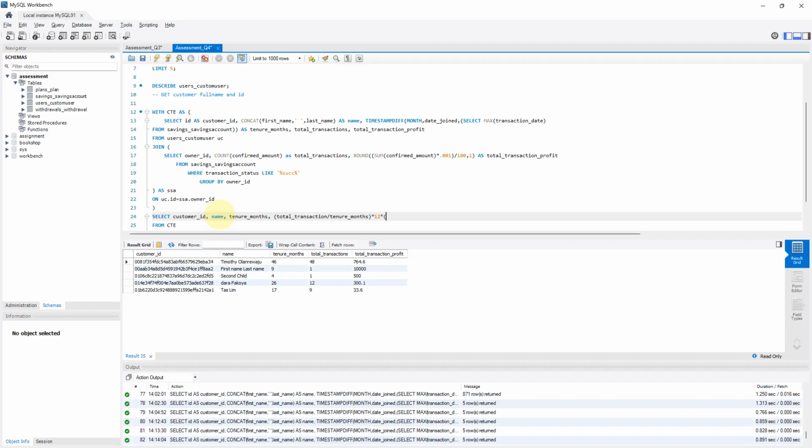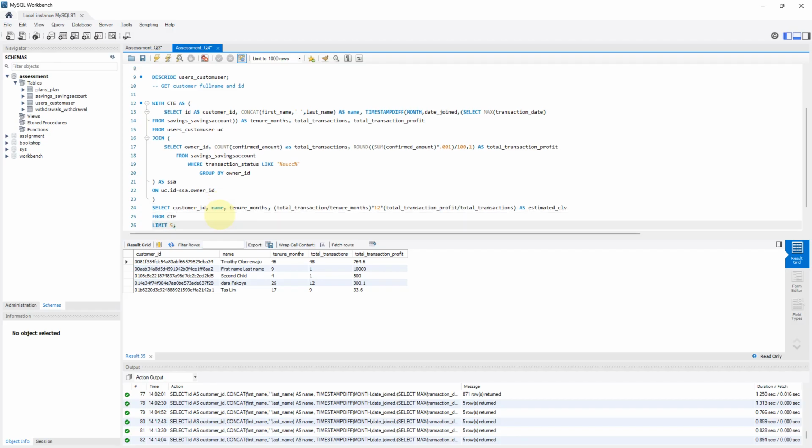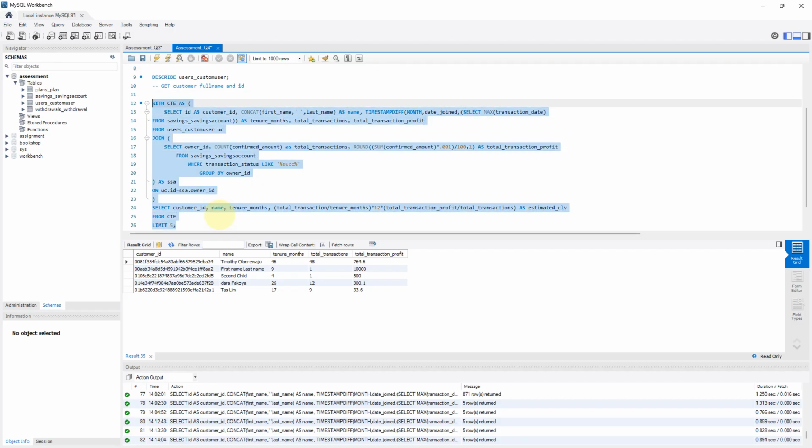We'll say multiply by total transaction profits divide by total transaction to get an average profit transaction. So we'll then say as estimated_CLV, and basically this will be it.